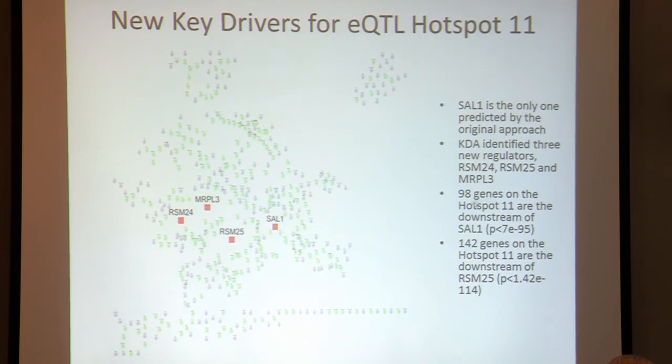We also see that the new driver ISM25 is more significantly enriched for the genes underlying this eQTL hotspot. Basically, it means ISM25 is potentially another global driver for the whole system, which was missed by the previous procedure.